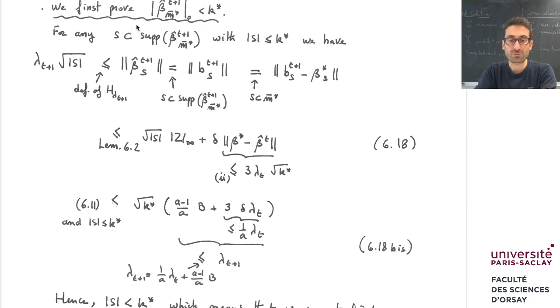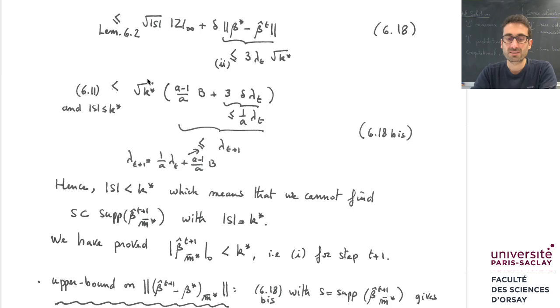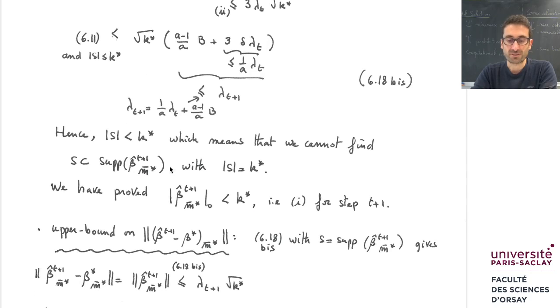So in particular, the support here must have a cardinality which is strictly smaller than k star. Right? So this is what I have written here. We cannot find an S in the support of this vector with cardinality equal to k star, so the cardinality of this support is smaller than k star.